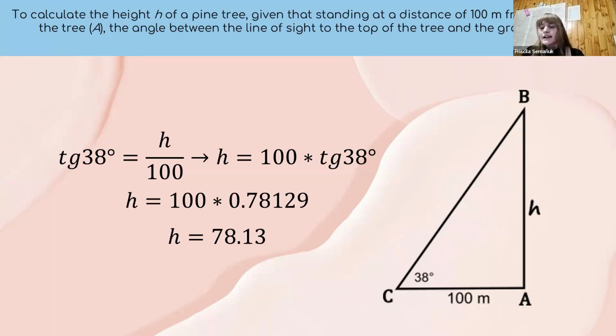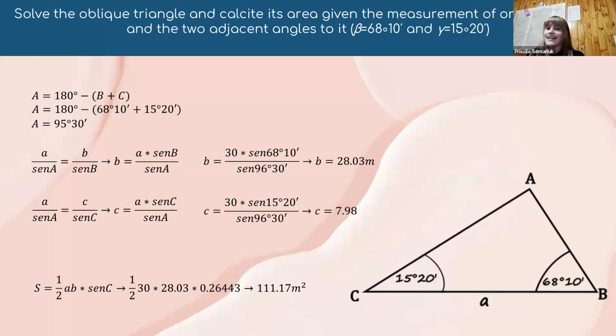But what happens when I have an oblique triangle? I'm glad you asked. I know you didn't ask, but I did. This is not a problem because most of the time we can solve problems with that right triangle.